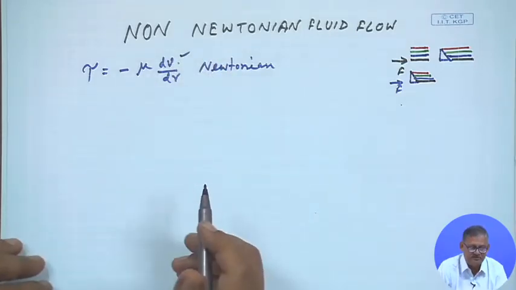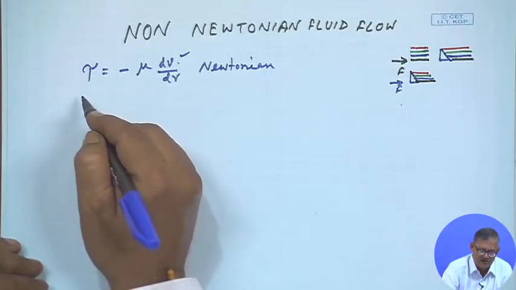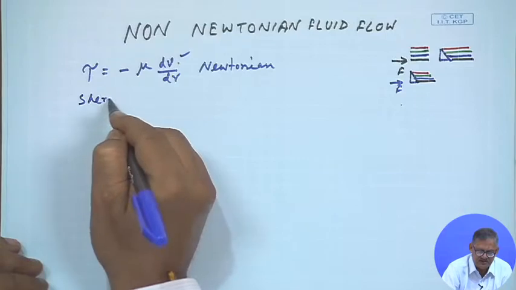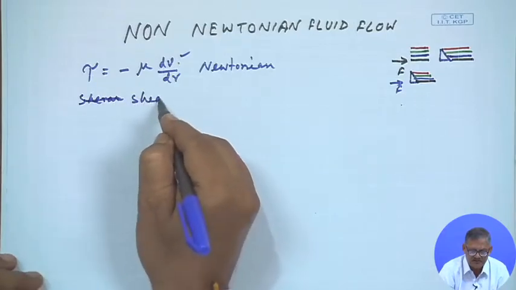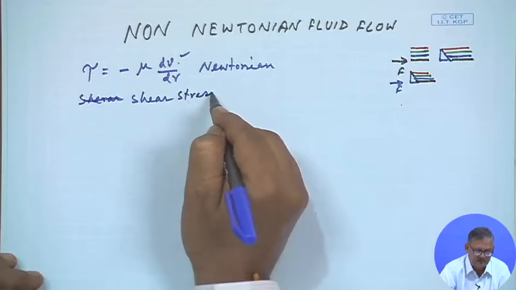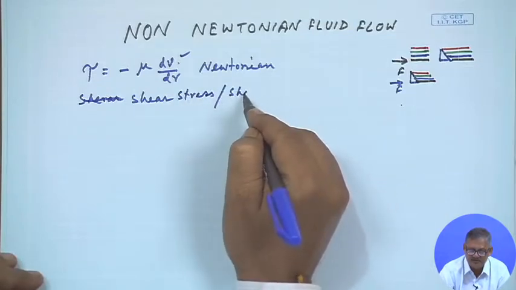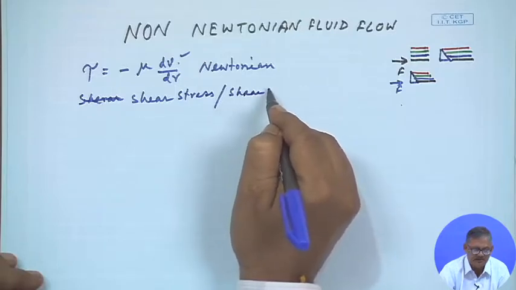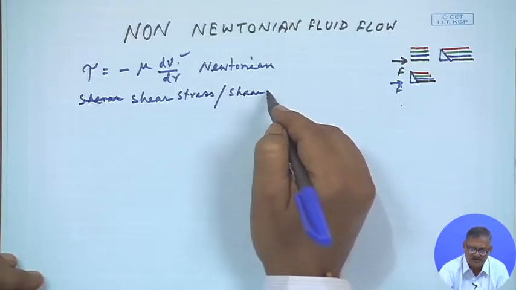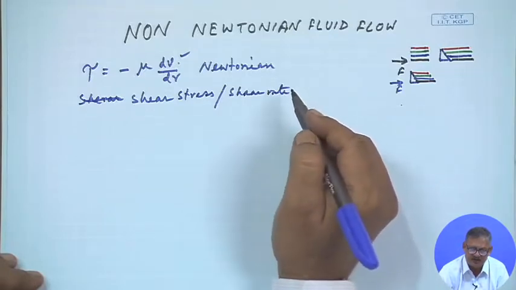There are two types of liquids like that. One where the ratio of shear stress to shear rate, this relation, is independent of time.